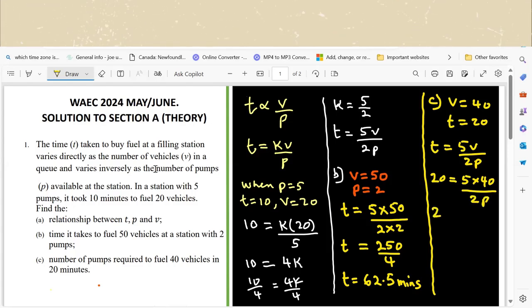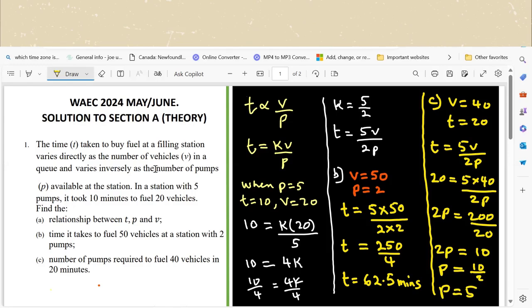So I can go here and say 2P equals 5 times 40, which is 200, all over 20. So 2P equals 200 over 20, which will give you 10. And if you divide, P is going to be 10 all over 2, and the number of pumps required is 5.